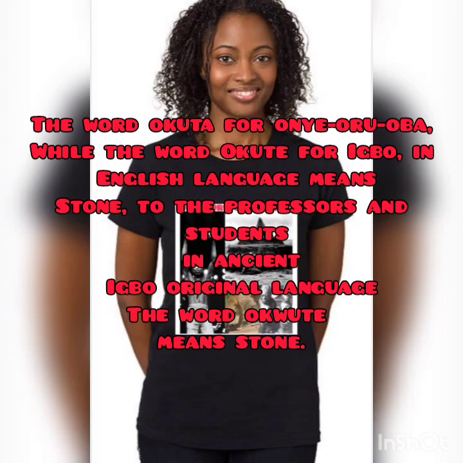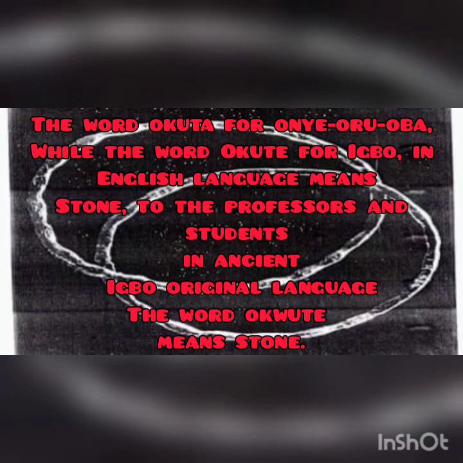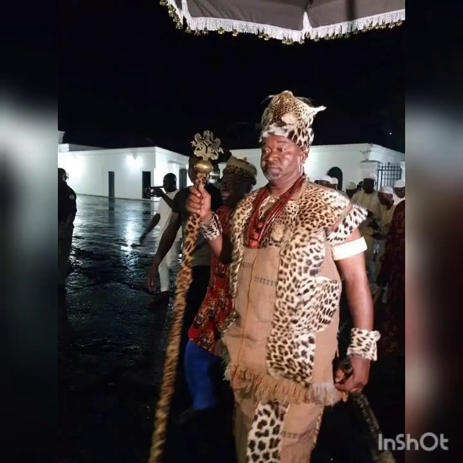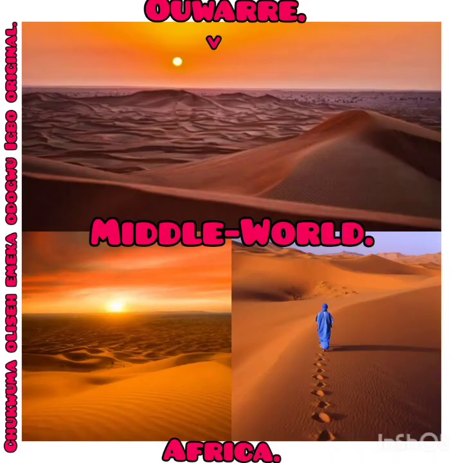To the professors and students, in ancient Igbo original language, the word Okwete means stone. Note that the written words do not actually represent the same thing as the tongues or words sound from the mouth.